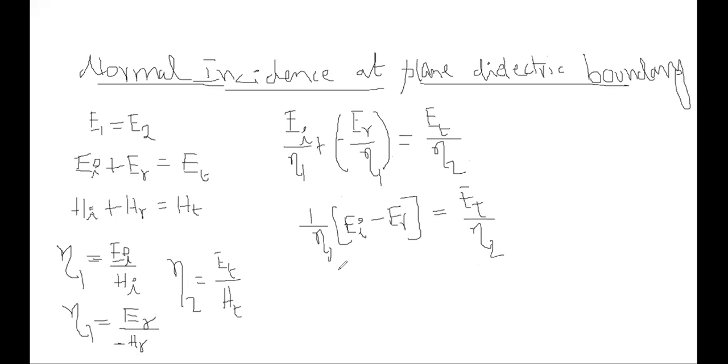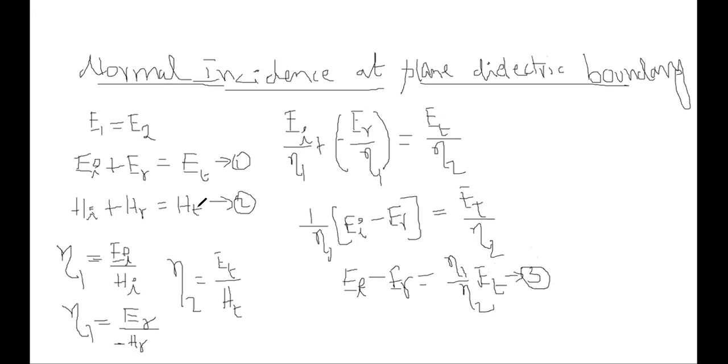Otherwise, EI minus ER is equal to eta 1 by eta 2 ET. Let it be equation 3. I'm taking this one as equation 1, equation 2, and equation 3 here.